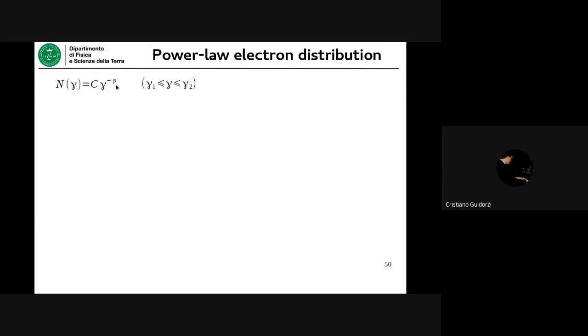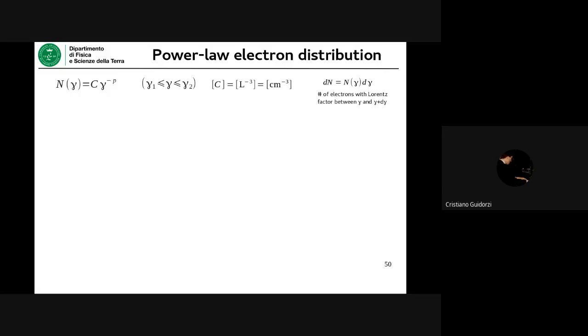And of course, I keep saying electron energy distribution, but speaking of energy or speaking of Lorentz factor is fully equivalent, because the energy of a relativistic particle is just gamma times its rest energy. So the unit of measure of C in this case is just 1 over volume. Why?